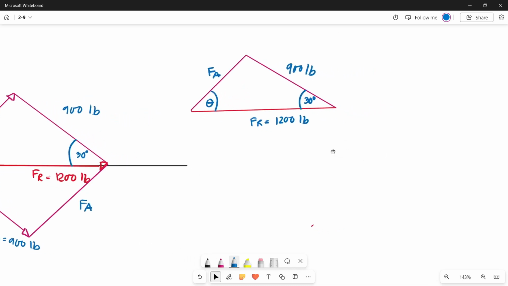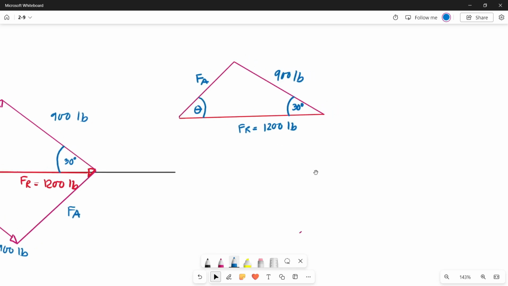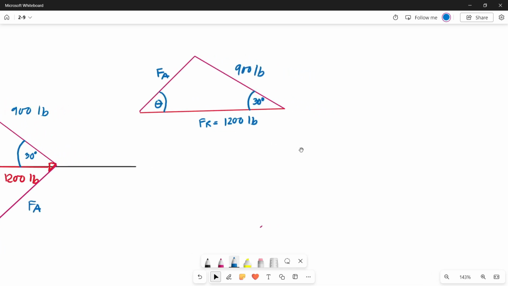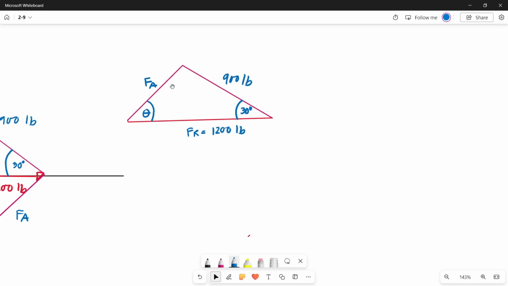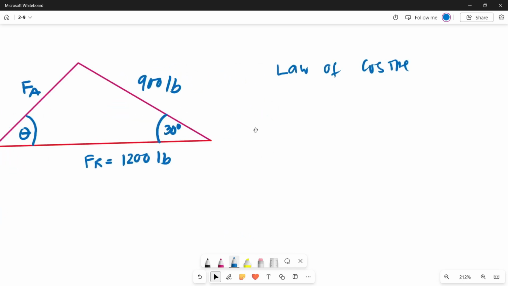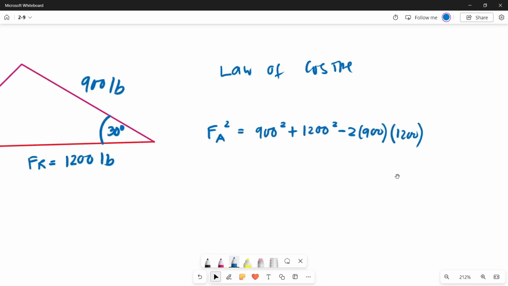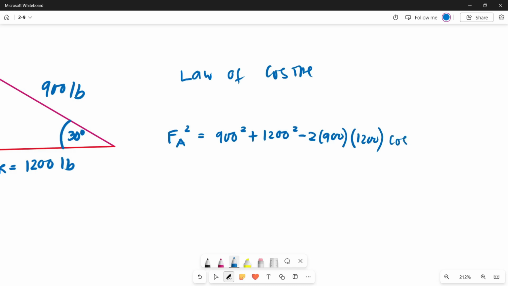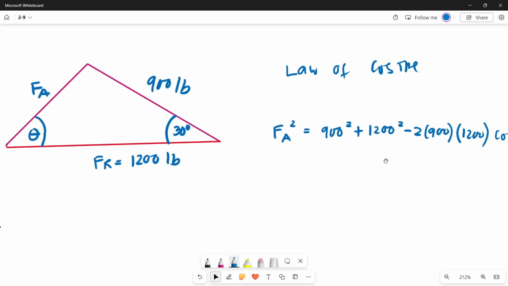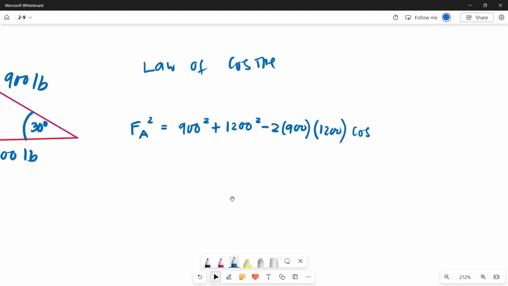Now guys, in finding the value of the missing part of our triangle guys, first we can use the law of cosine to determine the value of our force A. So force A squared is equal to 900 squared plus 1,200 squared minus 2 multiplied by 900 and 1,200 cosine of the opposite angle of our force A, that is 30 degrees.